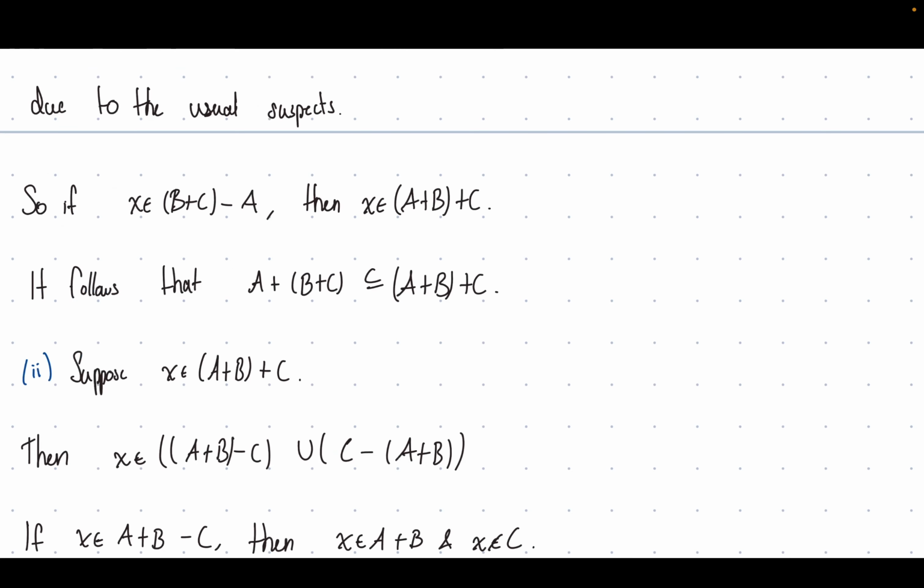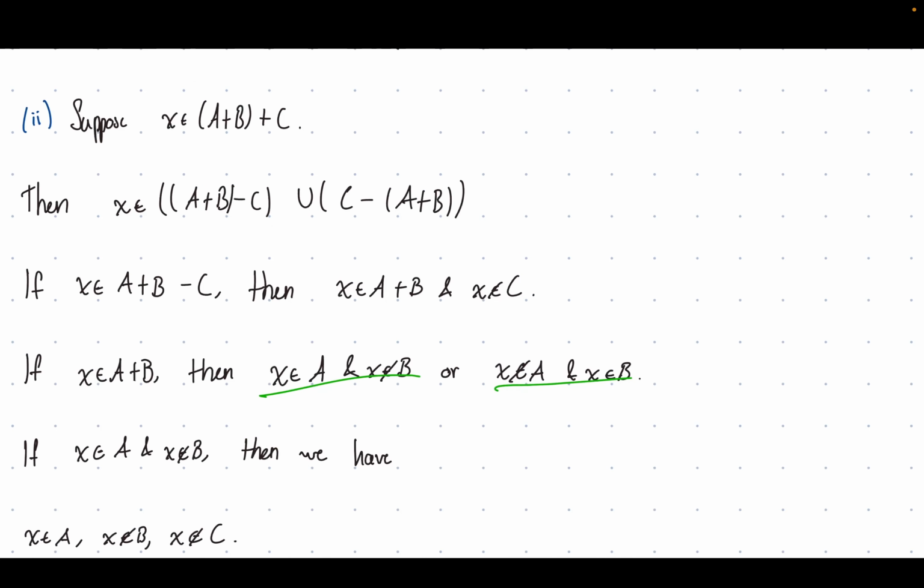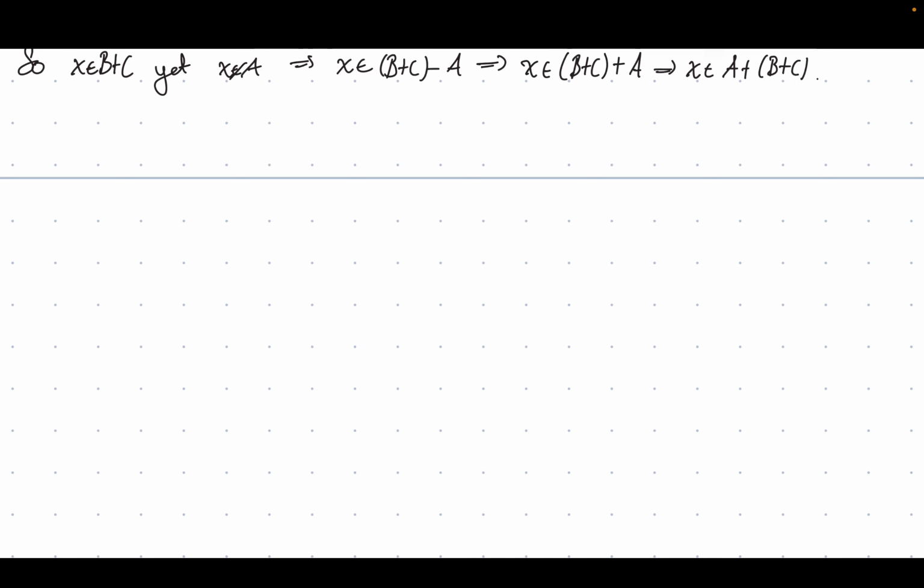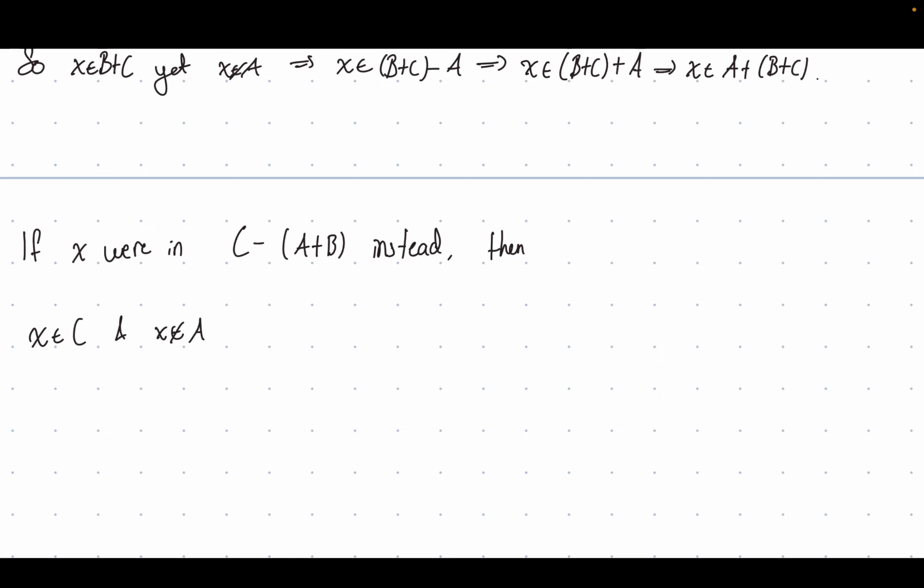Okay, let's do branch two. Now, if x were in c minus a plus b instead, then x is in c and x is not in a plus b.